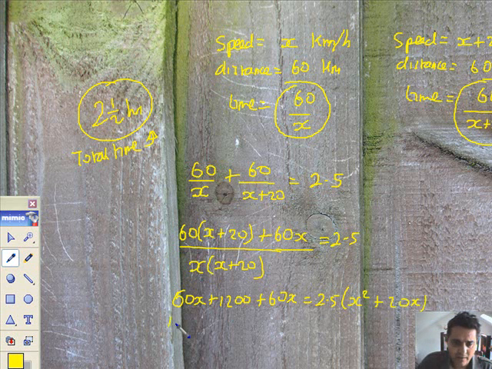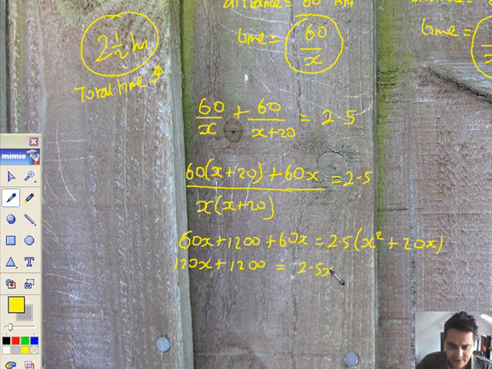Simplify over here. I've got 120X plus 1200 equals 2.5X squared. 2.5 times 20 is 50, I believe. Yes, so 50X. Bring it all over to the right hand side.